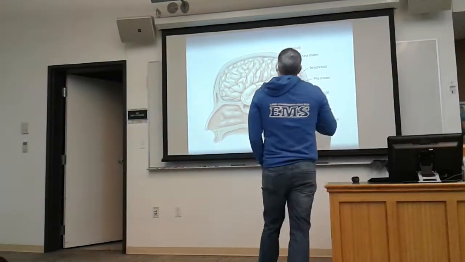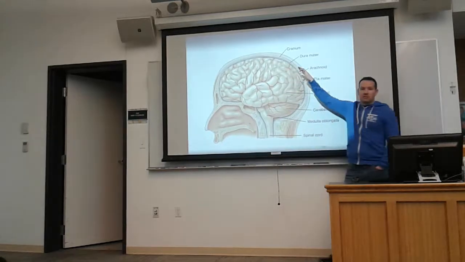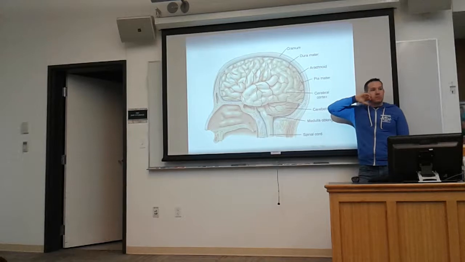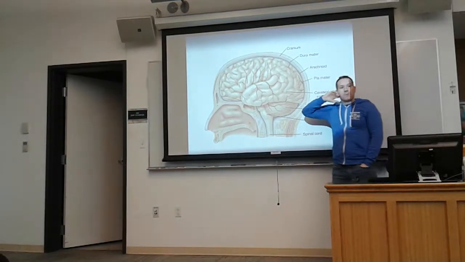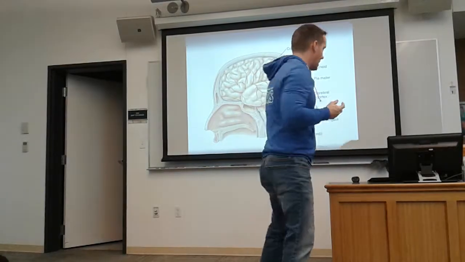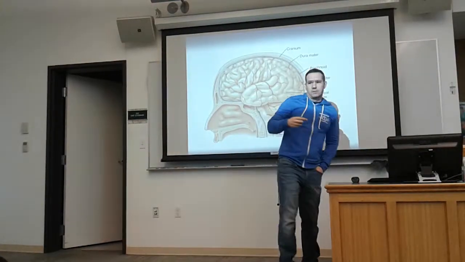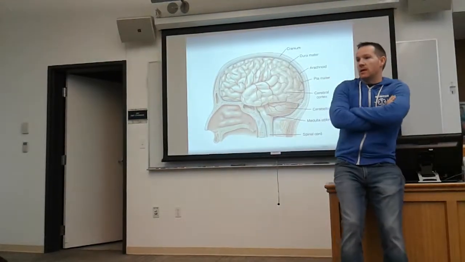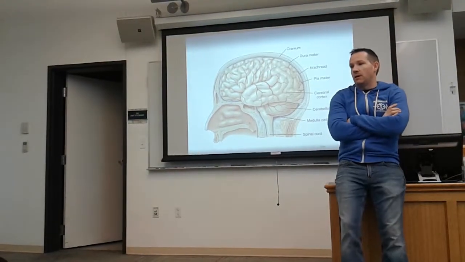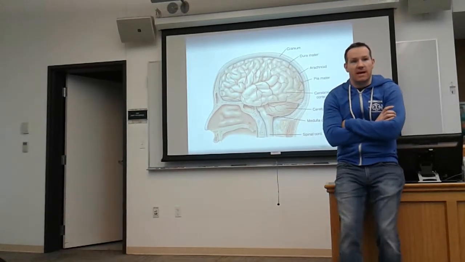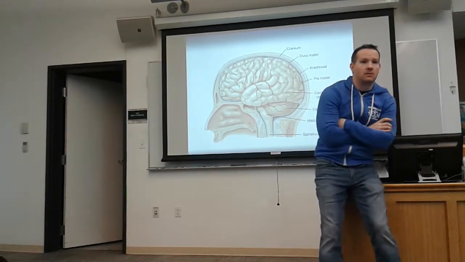The epidural space above the dura mater is very vascular and is supplied by arterial blood, so it's very fast and high pressure. Epidural bleeds are really bad for us. They hit their head, and now they have an open arterial bleed pumping into the cavity between the dura mater and the cranium.